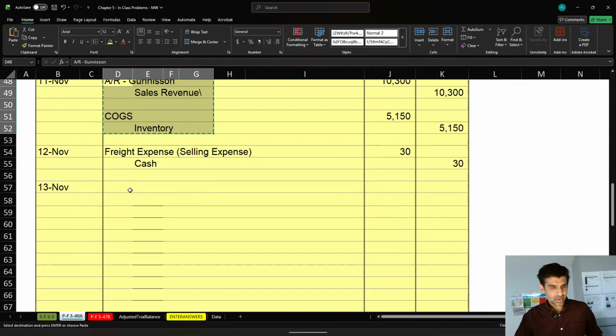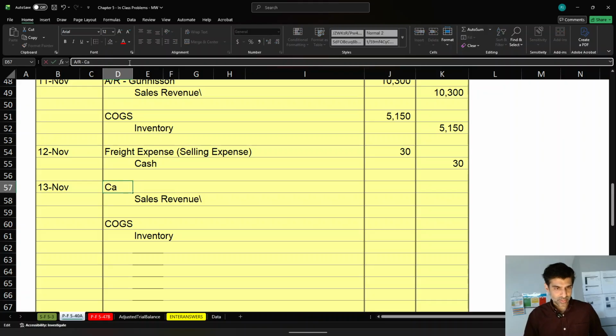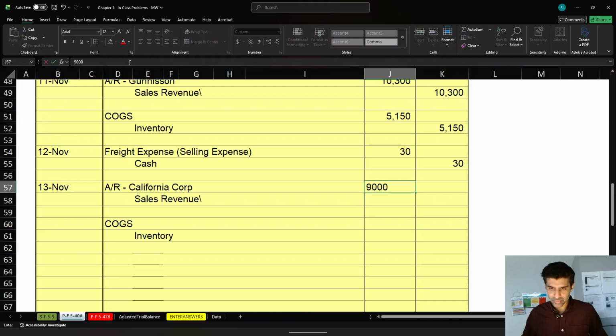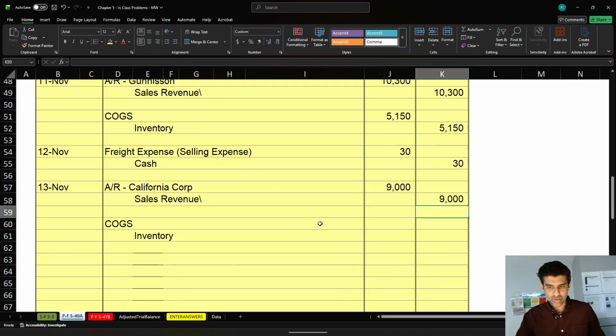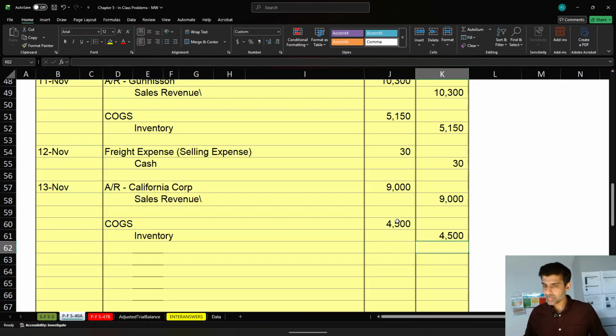It's the same accounts, except I'll change this to California Corporation instead of Gunnison. Okay, and I think it was 9,000, and then my cost of goods sold was 4,500.